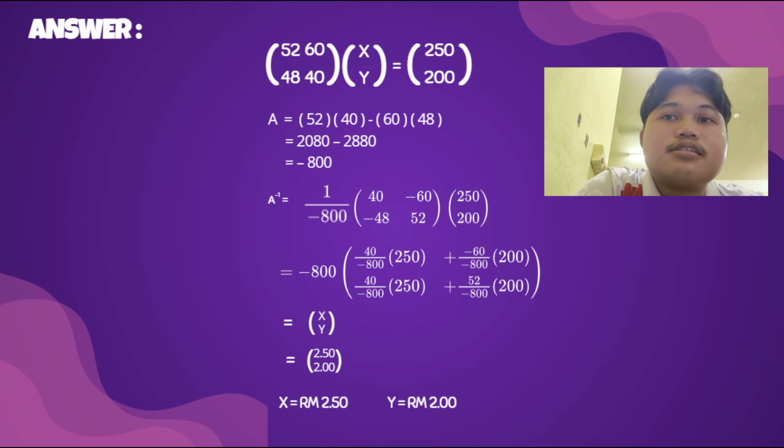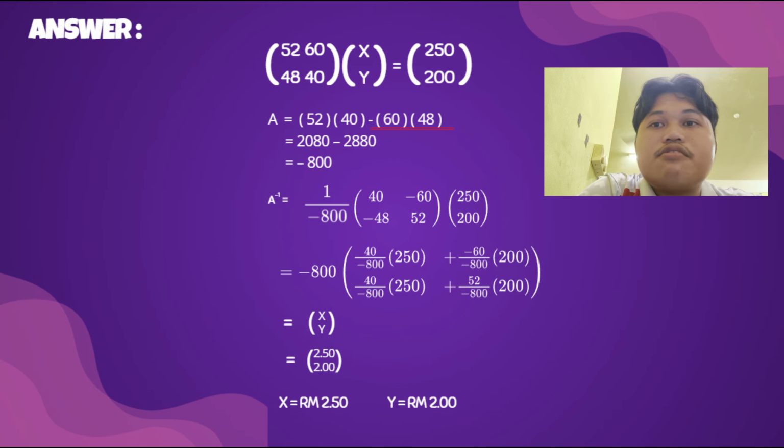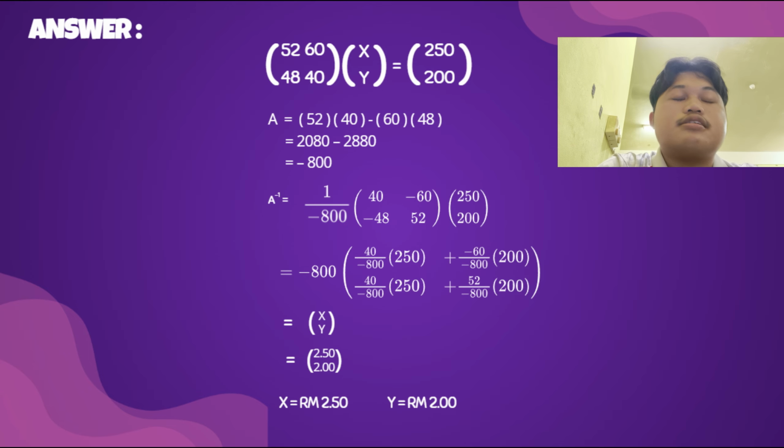Then subtract the other diagonal, 60 times 48, which is 2880. When we subtract 2880 from 2080, we get negative 800.